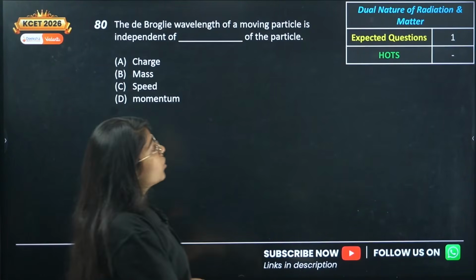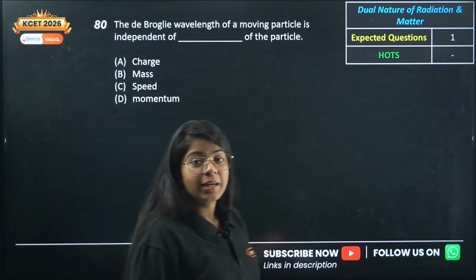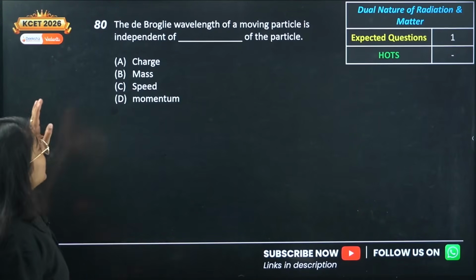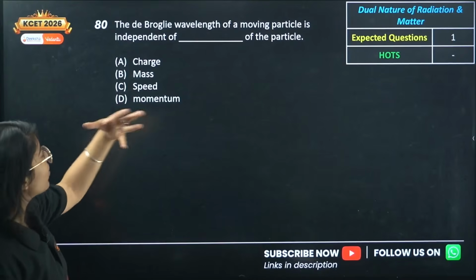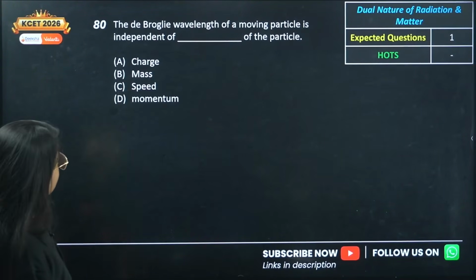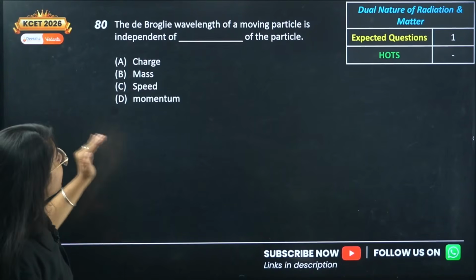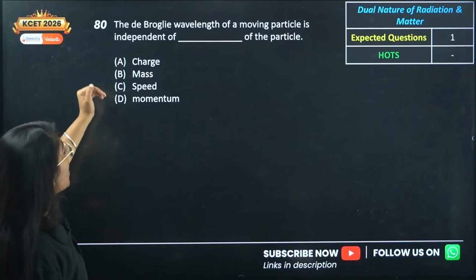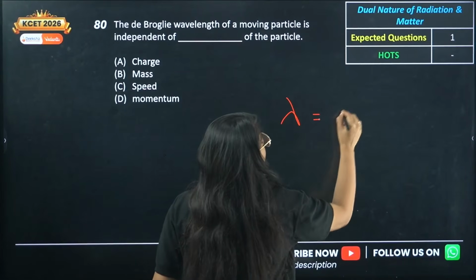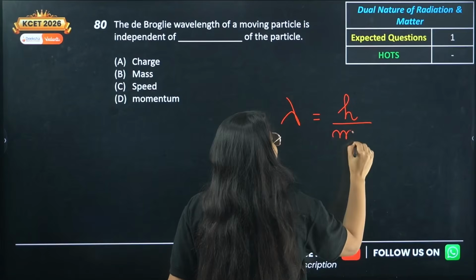Okay, moving on to the dual nature of radiation and matter. A very good chapter, I'll say. The de Broglie wavelength of a moving particle is independent of the dash of the particle. What? It is independent of charge, mass, speed or momentum. Now we know lambda is nothing but h by mv.